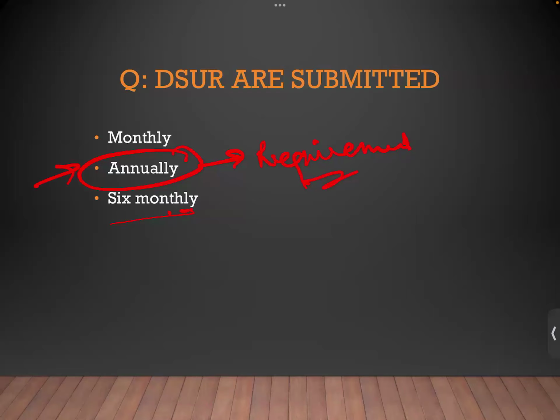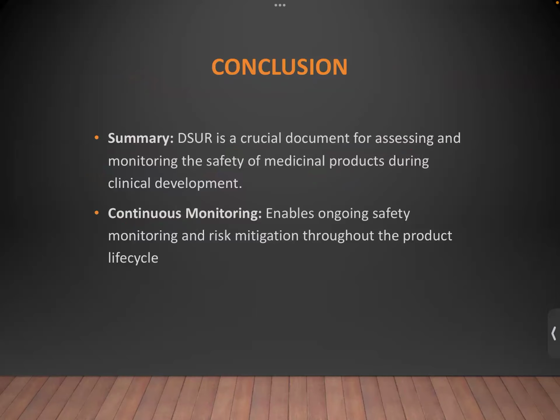So the conclusion is the DSUR is a crucial document to assess the safety of a medicinal product during clinical development. It helps with continuous monitoring, because otherwise how will we know? Once you have completed phase 2, for example, and then you are evaluating, it is late.